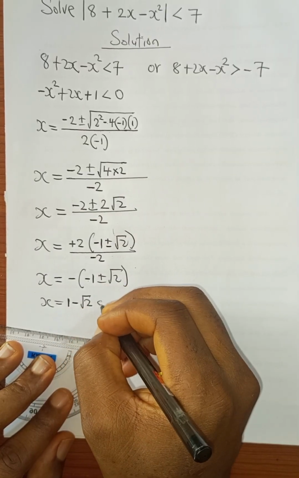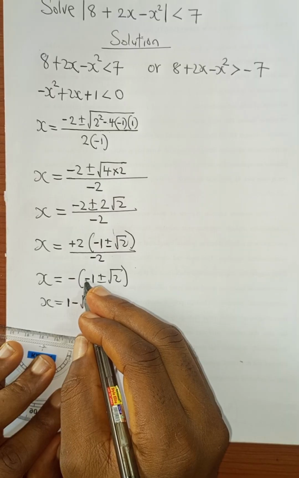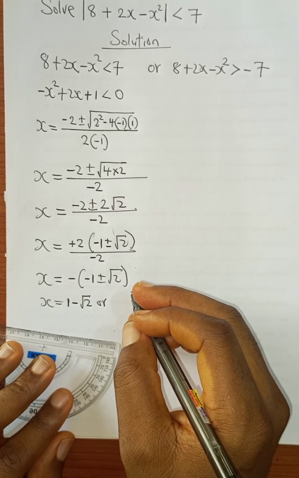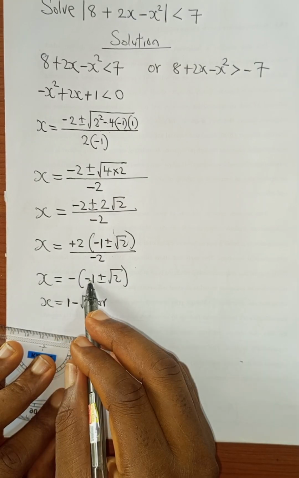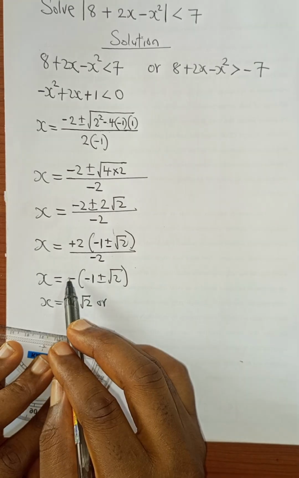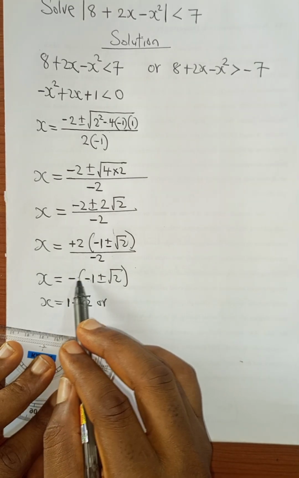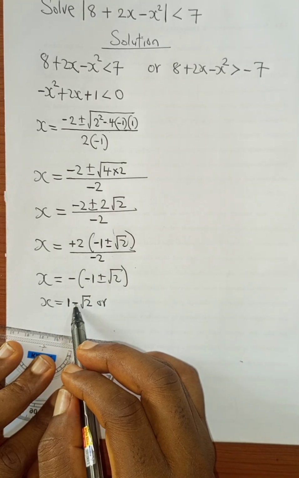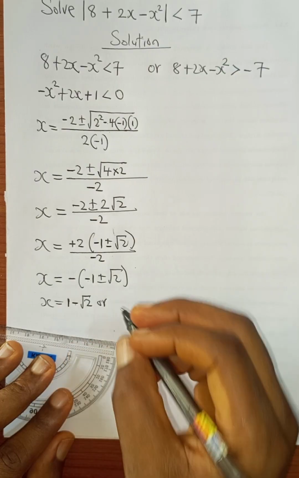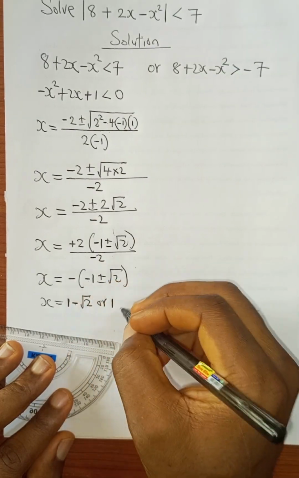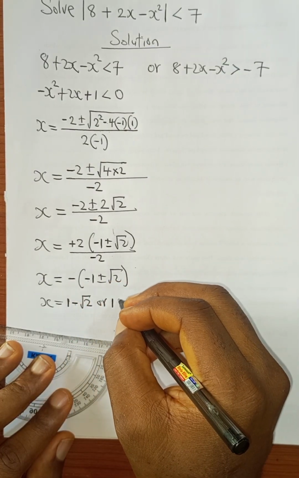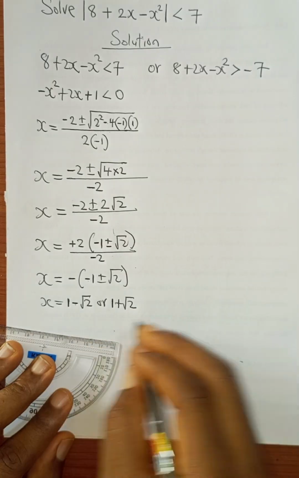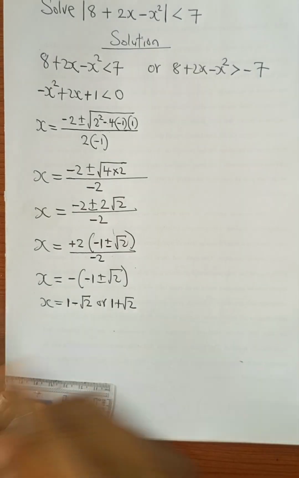Or this time this is minus, so we have 1 plus root 2. Remember that when this times this, you have plus. When this times plus, you have minus. The same way, when this times that one, you have plus root 2. So these are the two answers for this side.